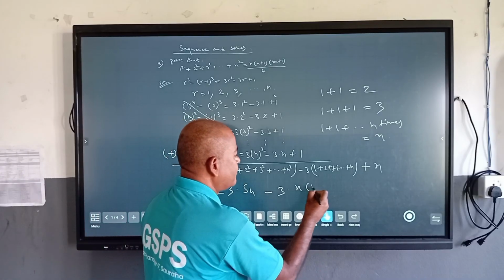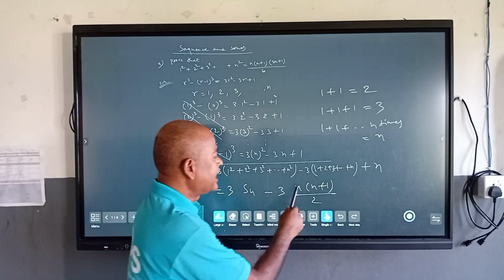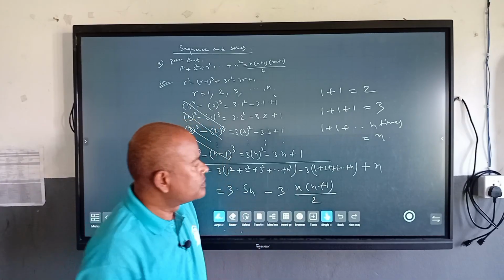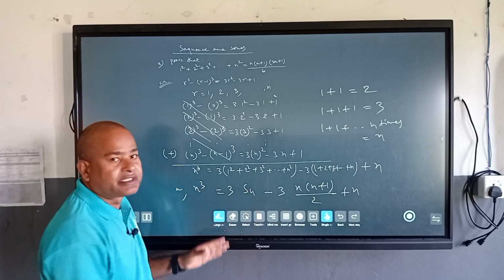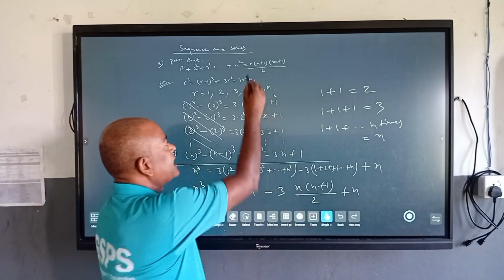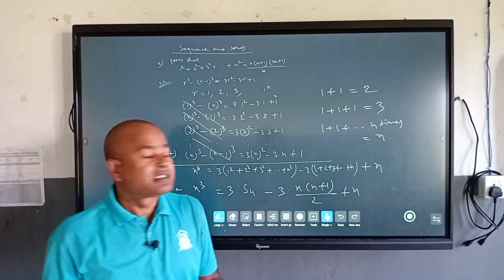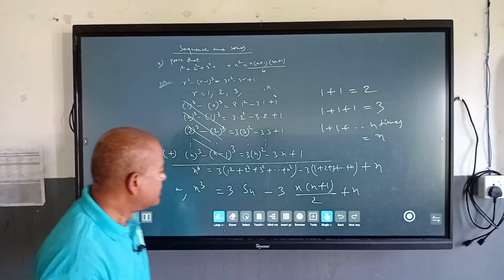Dear students, the sum of the first n natural numbers is given by the formula n times (n plus 1) over 2. Dear students, now by solving this expression, we'll get the value of Sn, and the value of Sn will be exactly n times (n plus 1) times (2n plus 1) over 6.